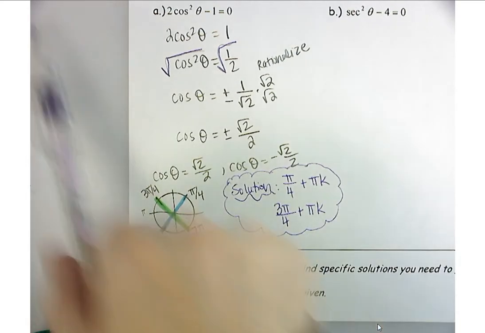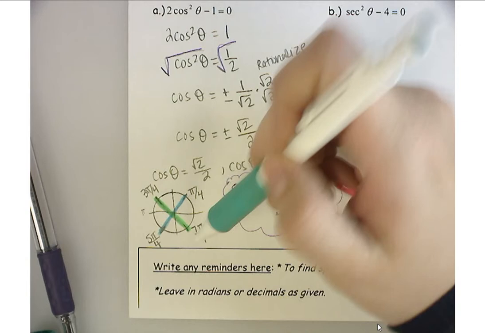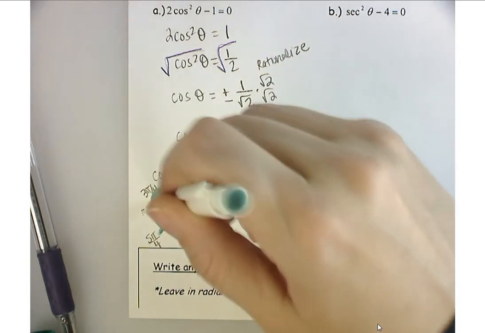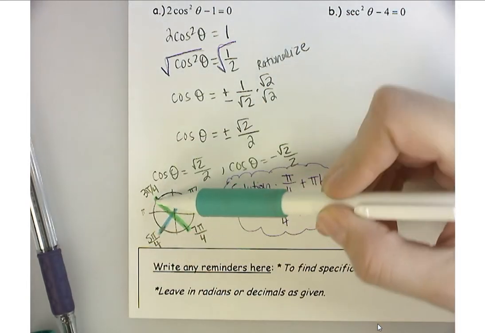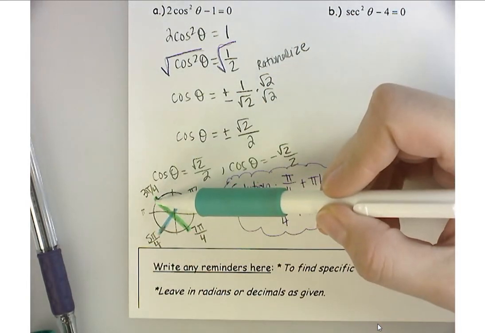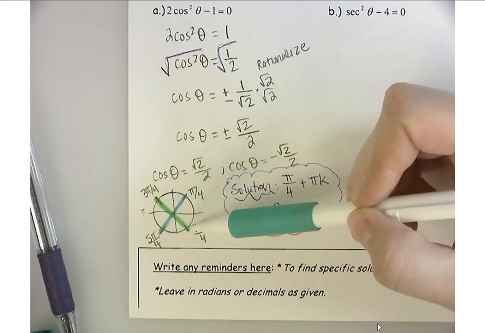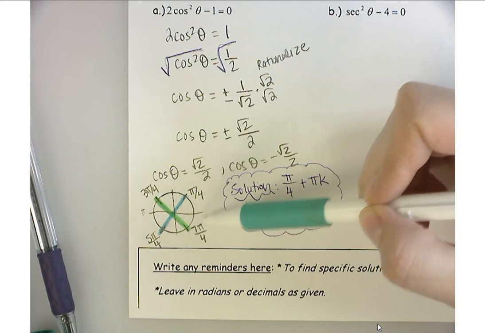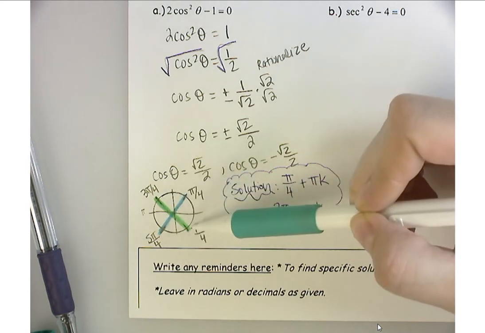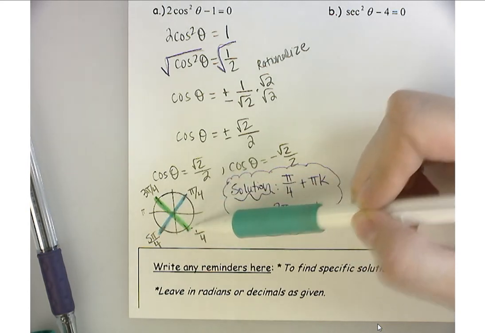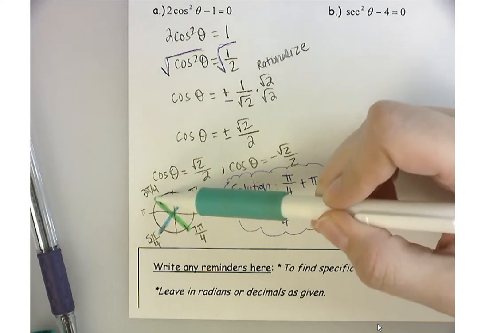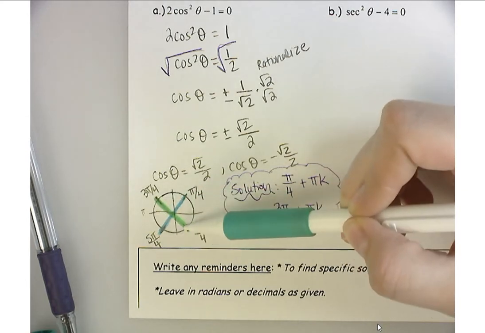So the reason why we do that is because if I start at 3 pi over 4, if I go halfway around the circle, where do I end up? At 7 pi over 4. Okay, so I don't want to write two equations that are plus 2 pi when I can write a simplified equation of just 3 pi over 4 plus pi k.